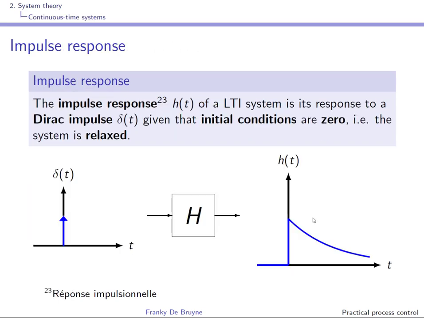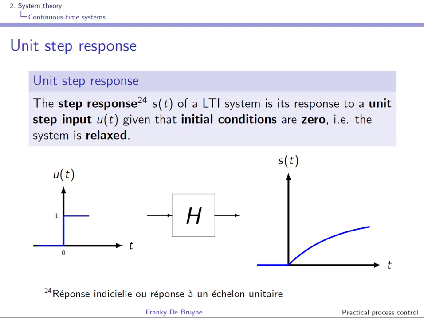Two responses that will play a very important role are the impulse response of the system. So this is the response to a Dirac impulse given zero initial conditions, that is when the system is relaxed, and what you recognize over here is the impulse response of a first order system.